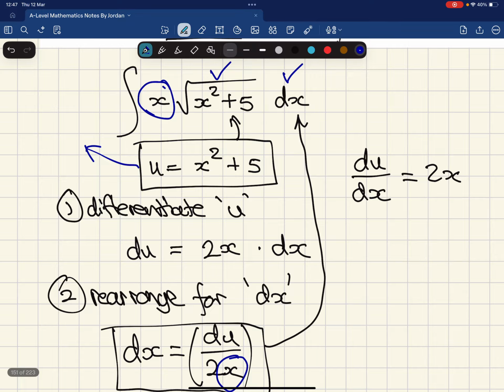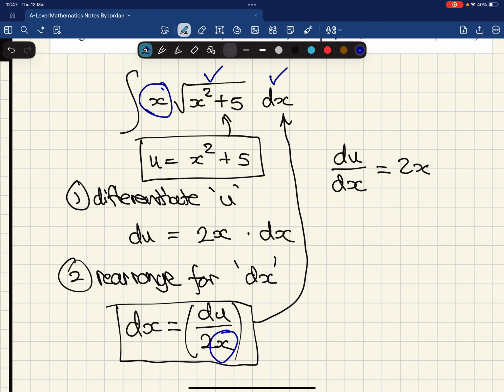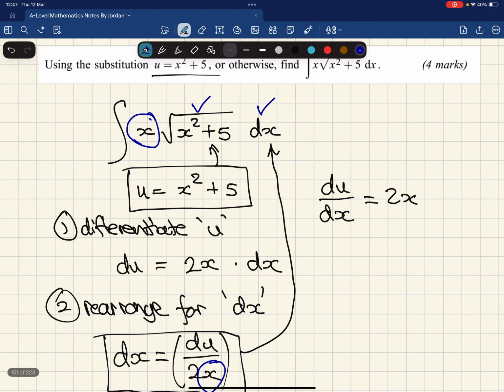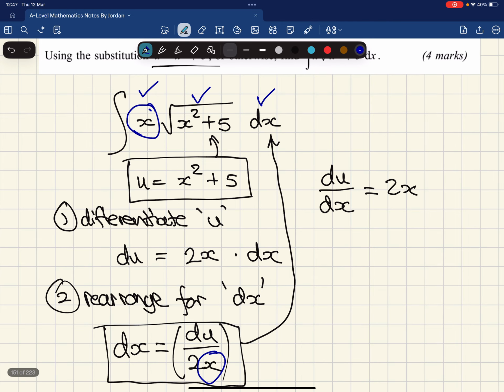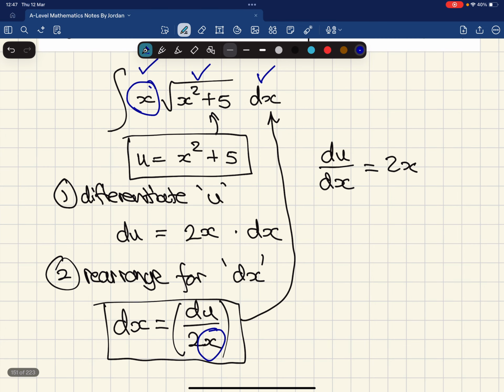So you see how this example is slightly different to the last one, in that you don't actually have to find a substitution for x using your u, which is nice. So I don't need anything else. This has actually already been sorted out. So let me now go ahead and do the third step, which is to substitute.